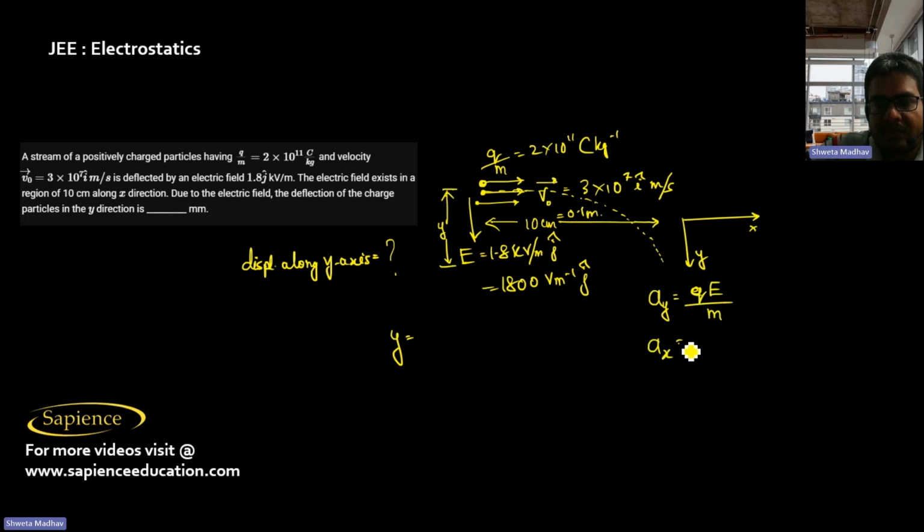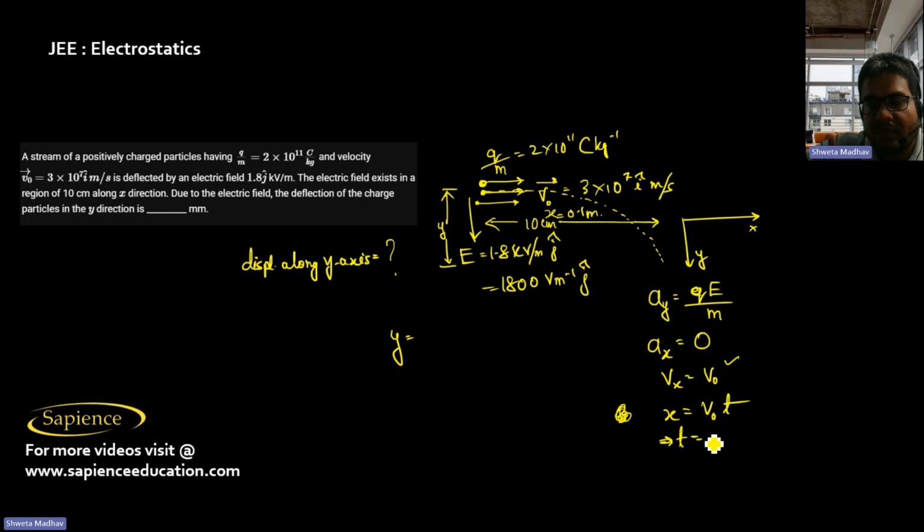And acceleration along the x-axis is 0, so Vx is constant, equal to v naught only. The displacement along the x-axis is 0.1 meter, so that is equal to v naught into t.